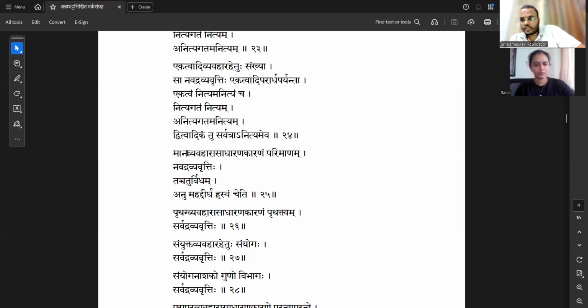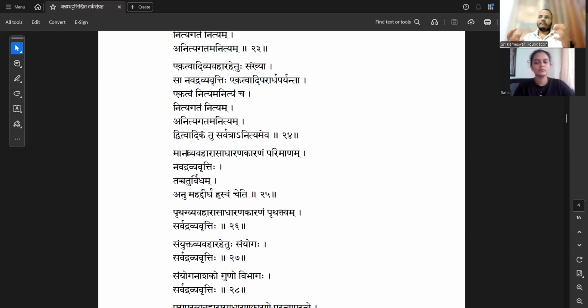Whatever object exists, that particular object is independent in its existence. Independent in the sense of a kind of difference. Take two Paramanus or any objects: their existence is independent.